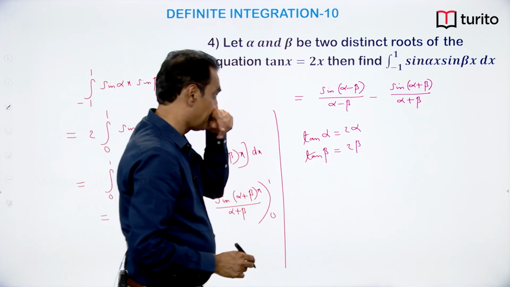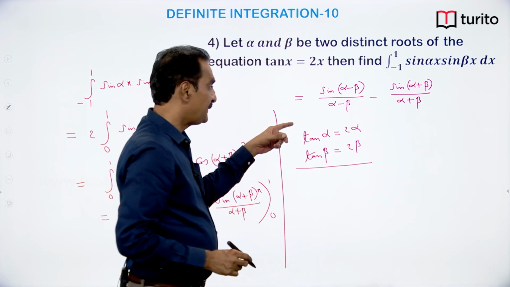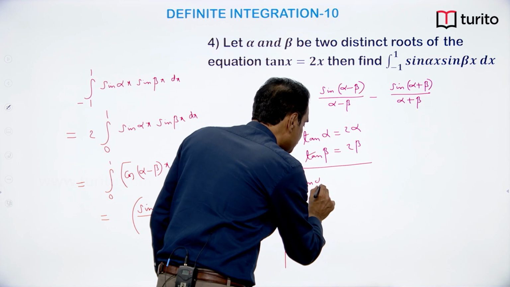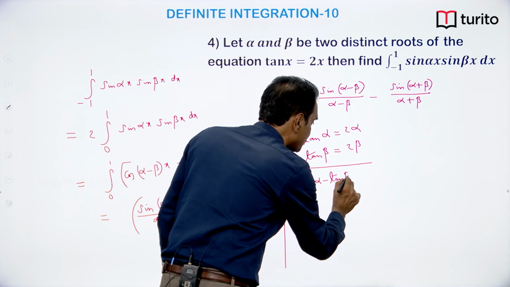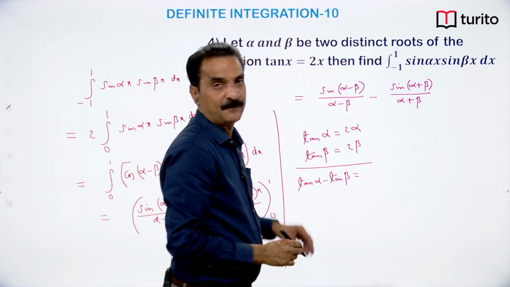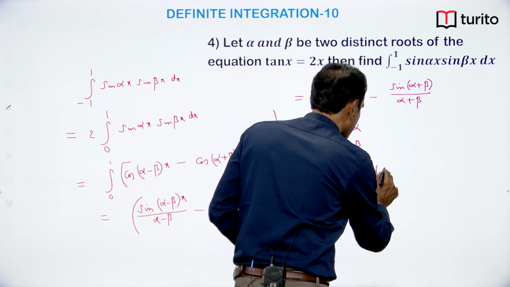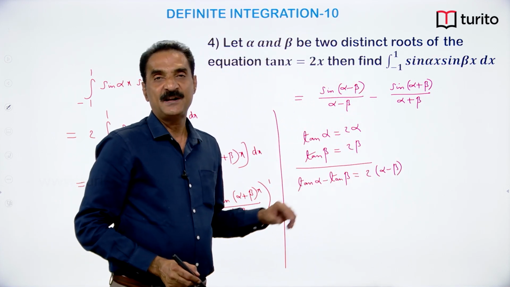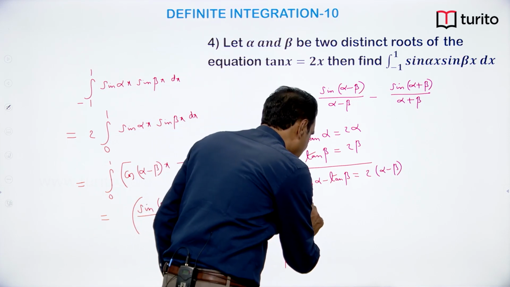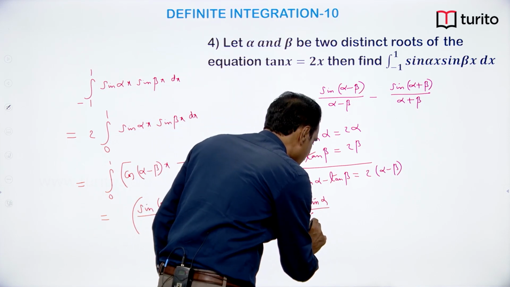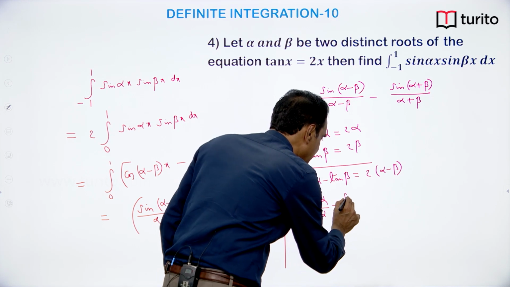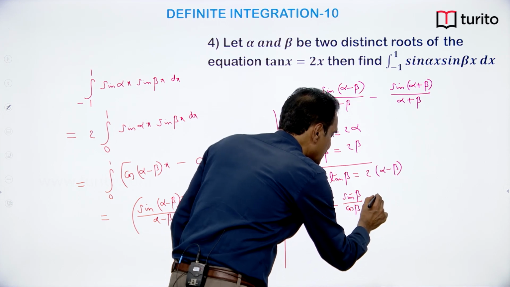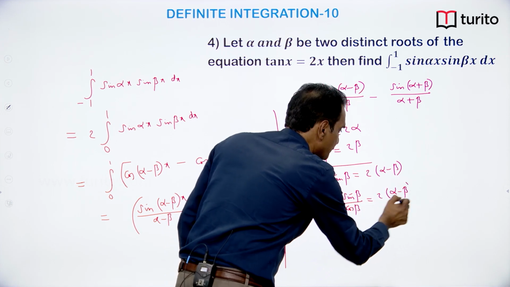Now, if you subtract, tan alpha minus tan beta is equal to what? 2 into alpha minus beta. How can you write tan alpha minus tan beta? Sin alpha by cos alpha minus sin beta by cos beta is equal to 2 into alpha minus beta.